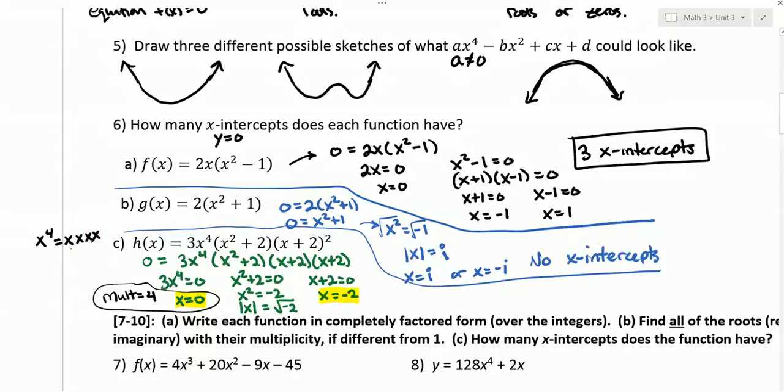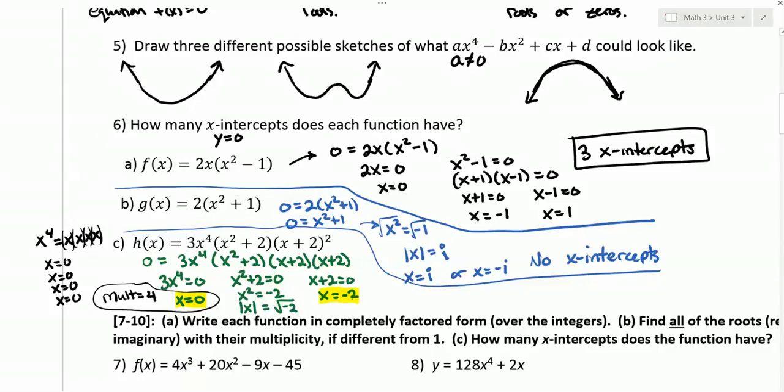So we really could have viewed this as 4 different factors, each one x, and set each x equal to 0. So we get x equals 0 4 times. And so multiplicity just is talking about repeating the same factor. So x equals 0 has a multiplicity of 4.